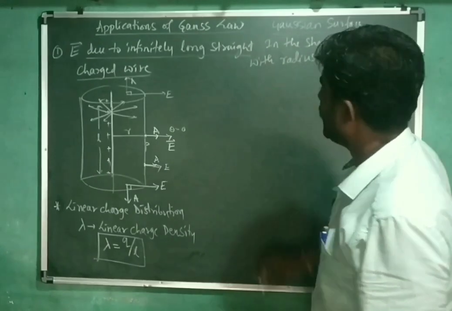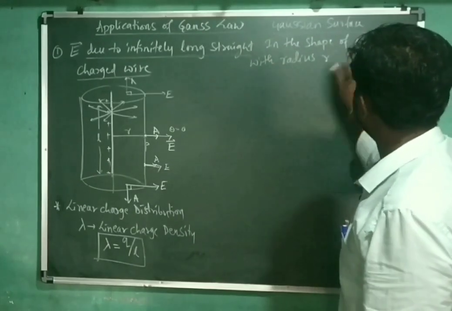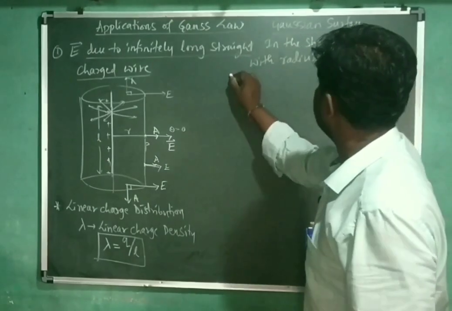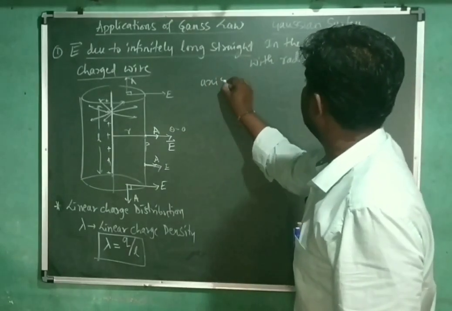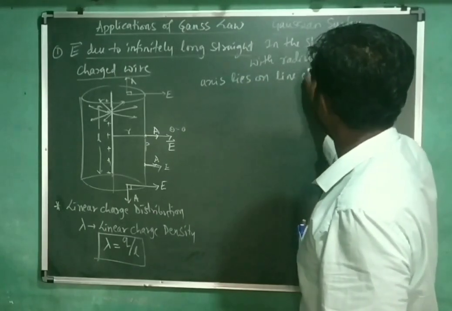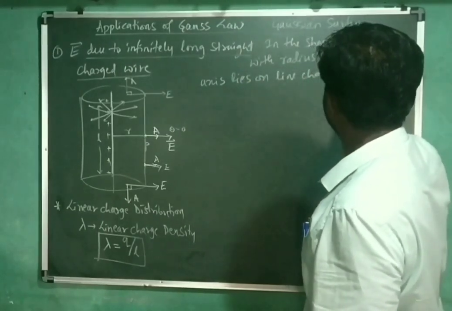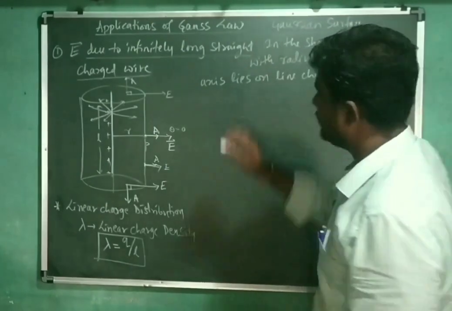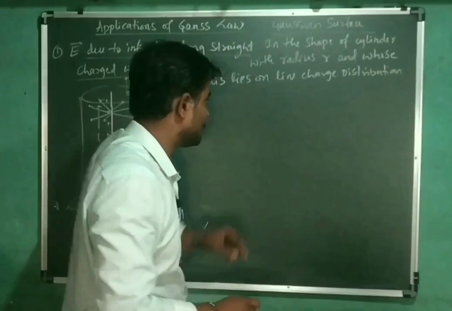R. Radius R, and whose axis lies on the line charge distribution. In such a way, we have considered the cylinder as a Gaussian surface.